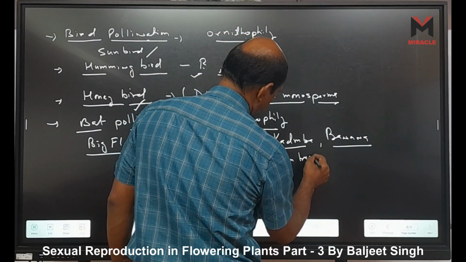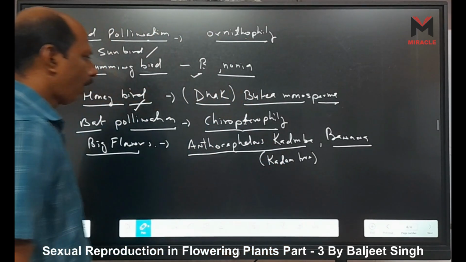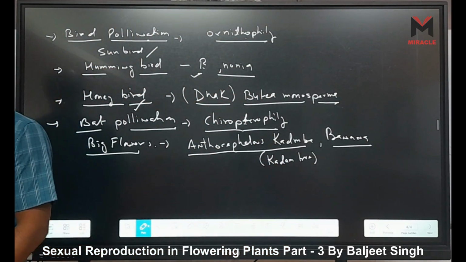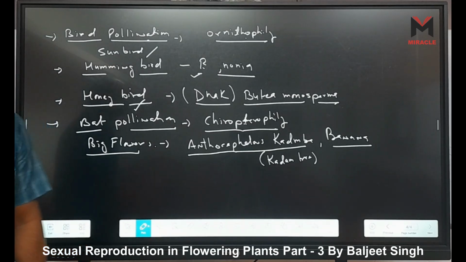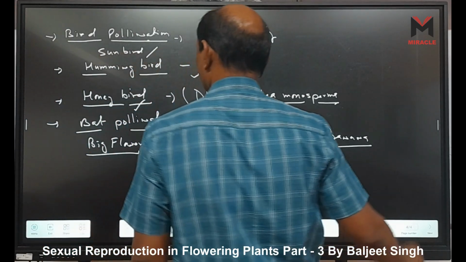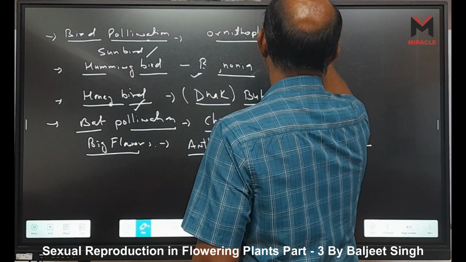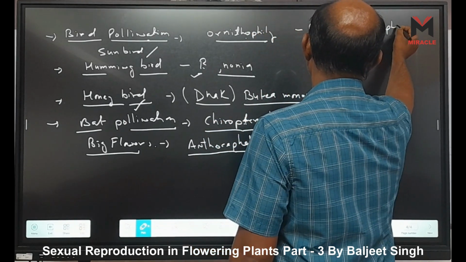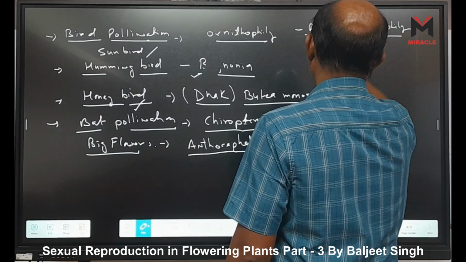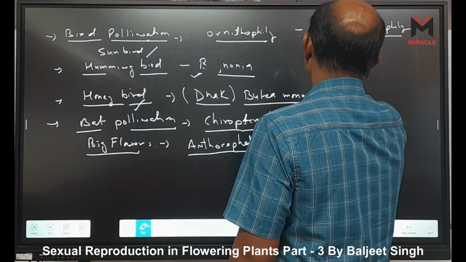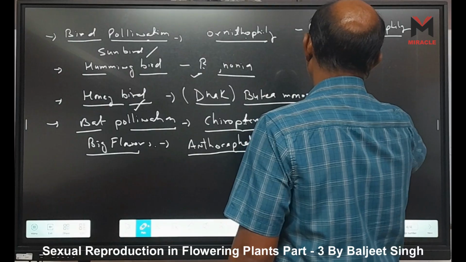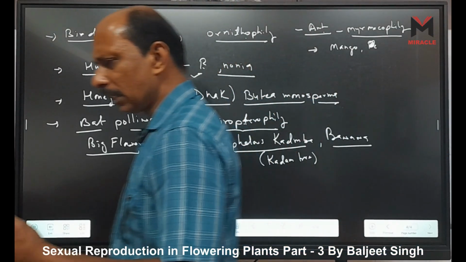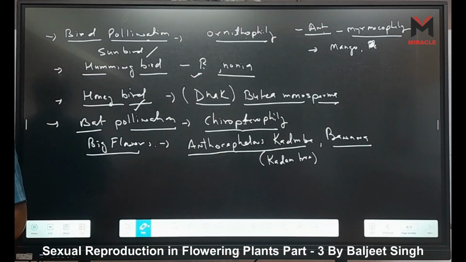These flowers are large and attractive, right? And ant means what? Ant pollination is myrmecophily. An example is mango, sometimes, because small sticky flowers are there.